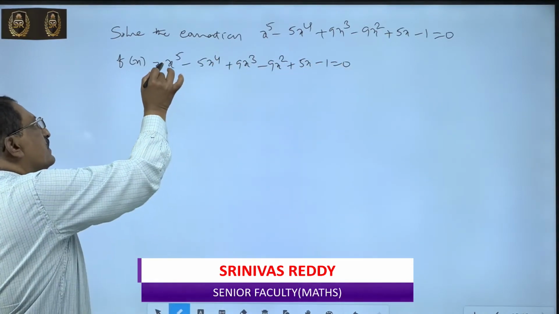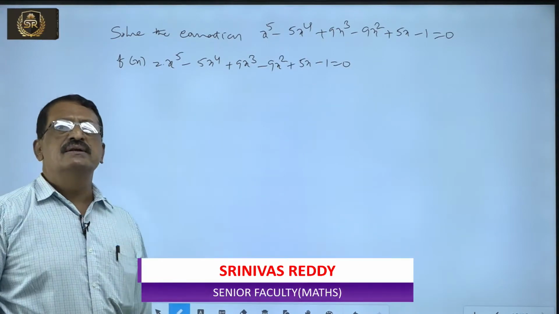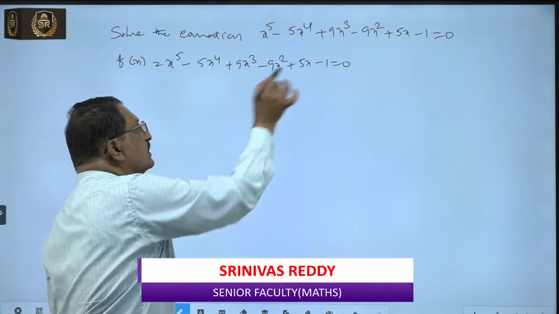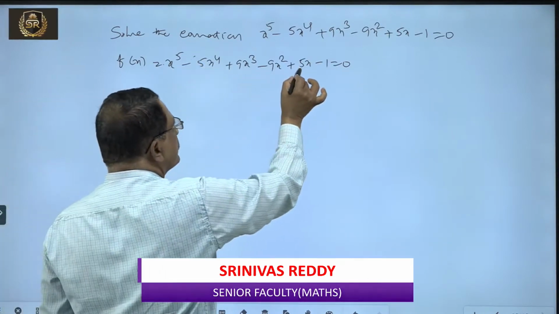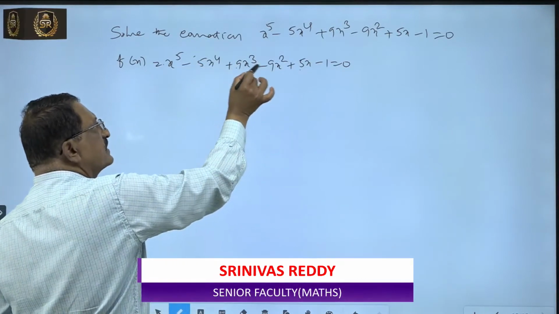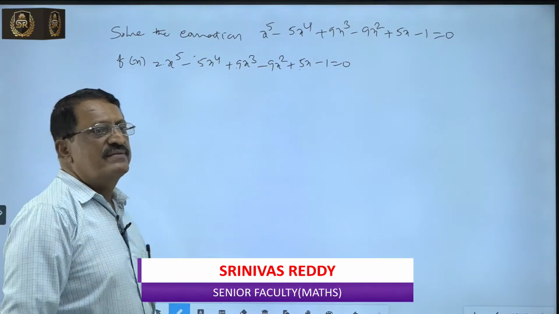Now see it. Here the coefficient of x to the power of 5 is 1, and the constant term is minus 1. Next, the coefficient of x to the power of 4 is minus 5, the coefficient of x is 5, the coefficient of x cube is 9, and the coefficient of x square is minus 9.